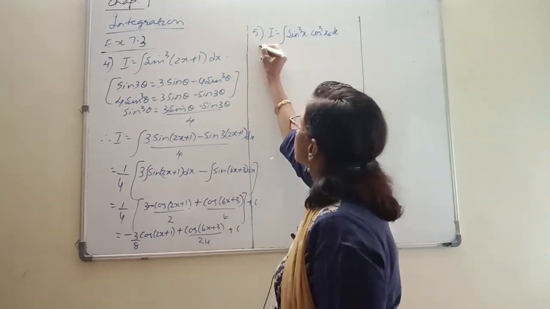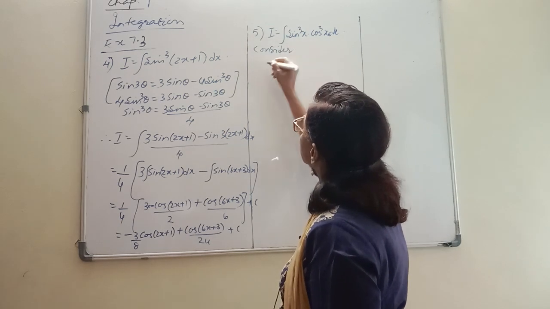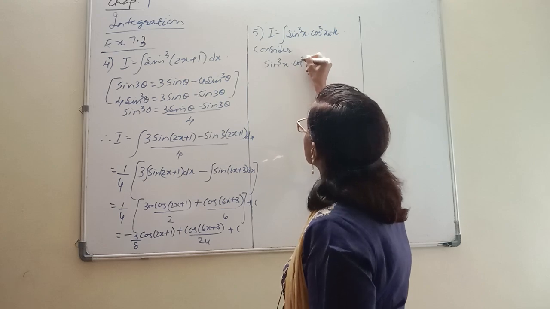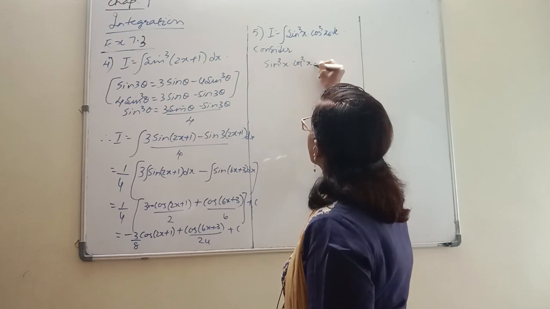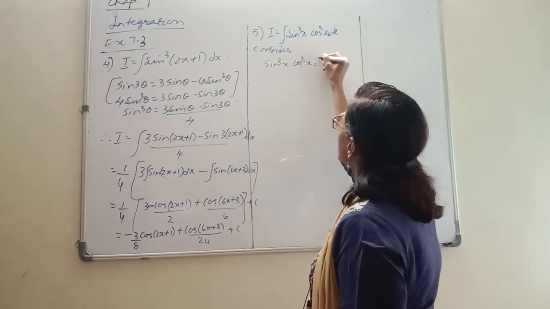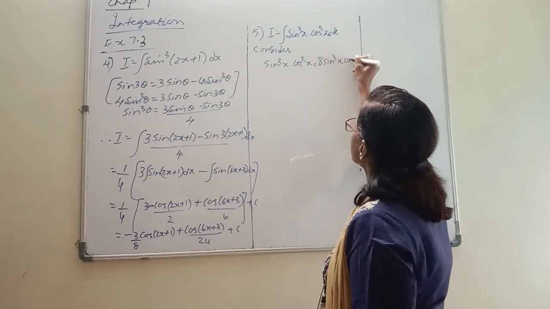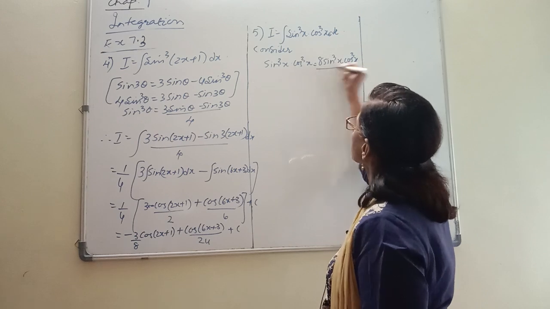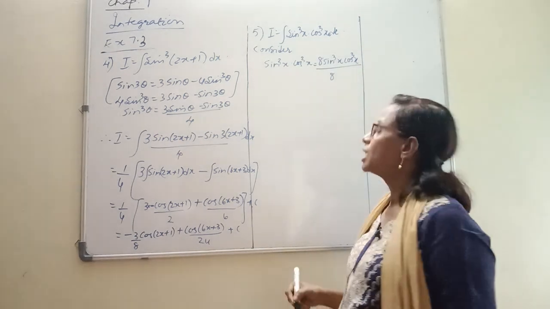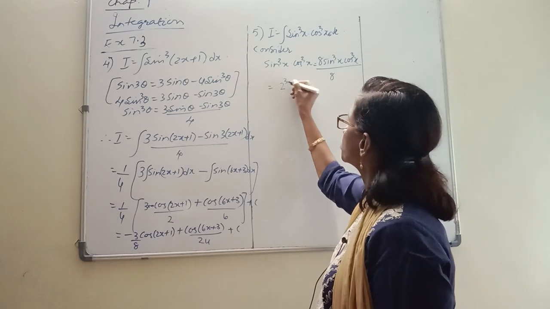Let's only consider the function first, then we look at the integral. Consider sine cube x cos cube x. Only that part we are considering, and for our convenience we are multiplying and dividing by 8. I'll tell you the advantage of the 8. Of course you cannot just multiply, so we multiply and divide so that the value doesn't change, but it serves our purpose. We have taken 8 because 8 is 2 cube.